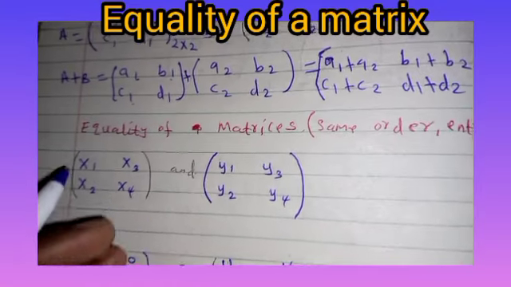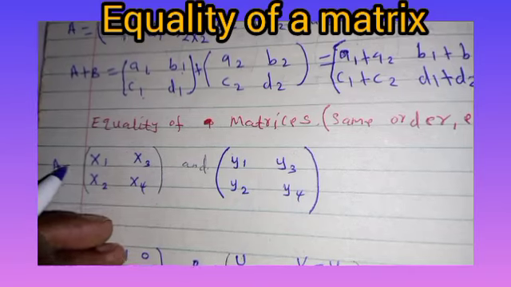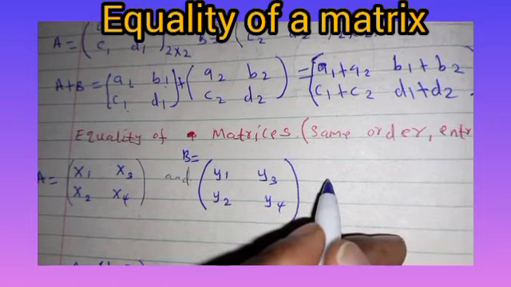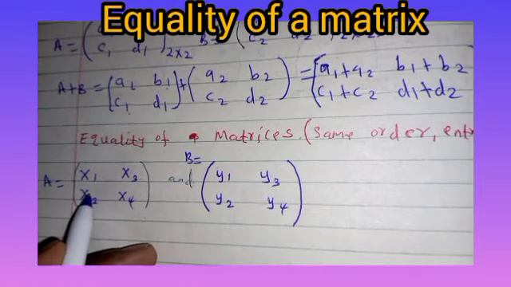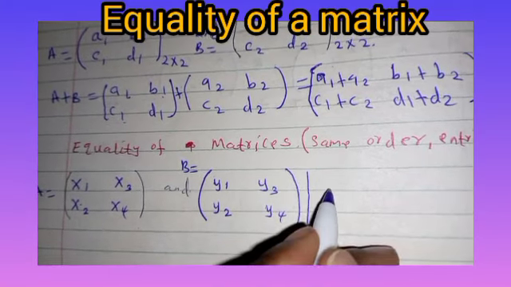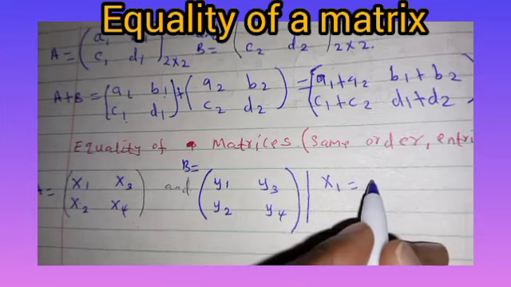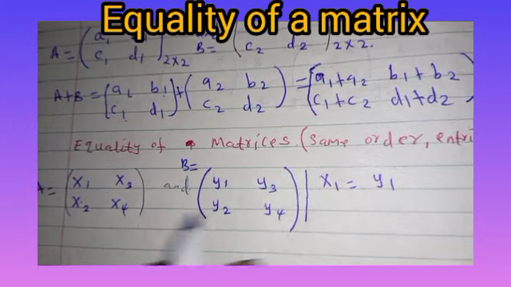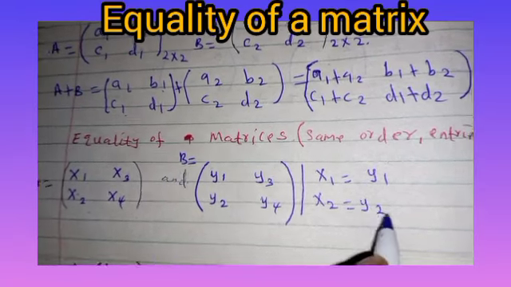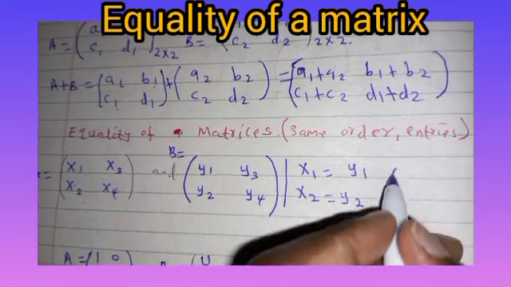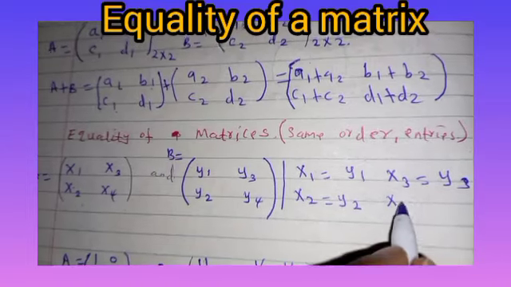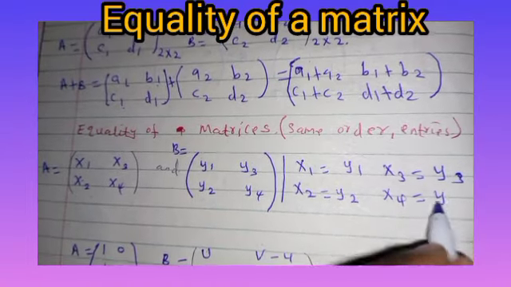For example, if this is matrix A and this is B, and these 2 matrices are equal, then it means that each element of matrix A is equal to the corresponding element of matrix B. That is x1 will be equal to y1, x2 will be equal to y2, then x3 will be equal to y3, and x4 will be equal to y4.